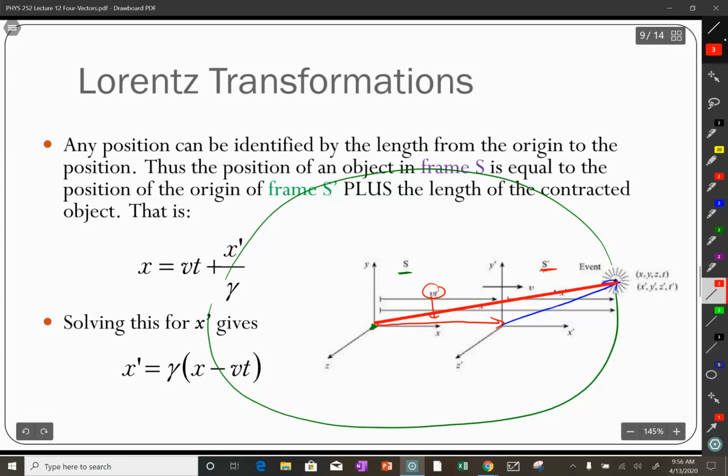And just looking at the horizontal distances, the distance measured in, and I know this is shown upward, but it should be in the x direction, the distance that is measured in the unprimed frame is going to be x in the unprimed frame is equal to this distance that the reference frame moved of vt plus the contracted distance.